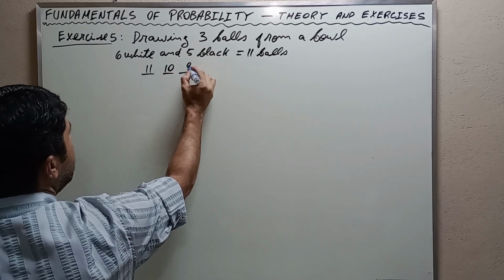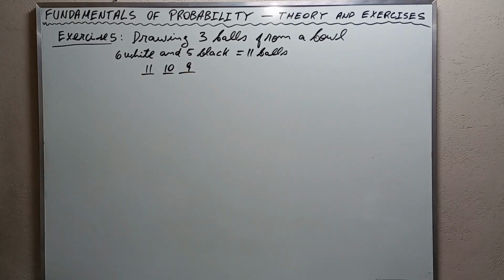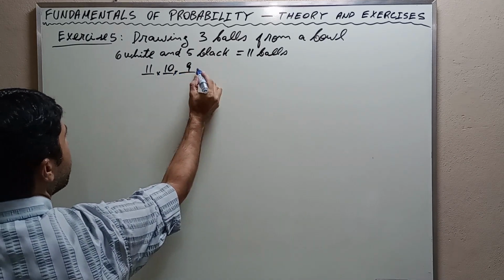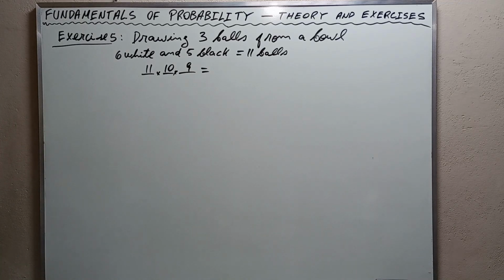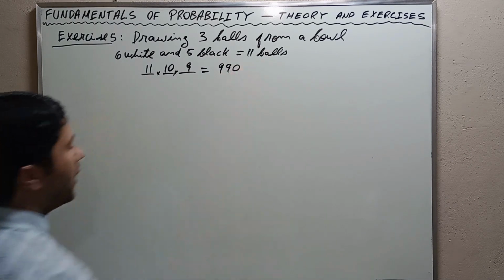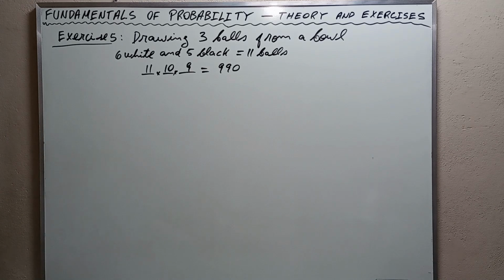And for the third, we're gonna have 9 possibilities. If we multiply them, we have then 990 possible outcomes.